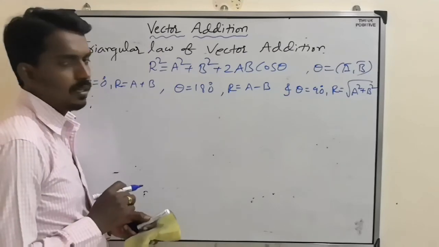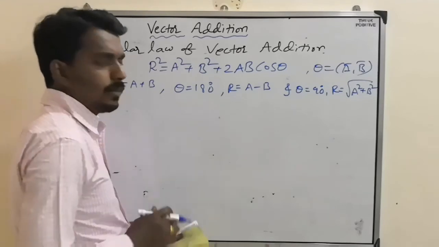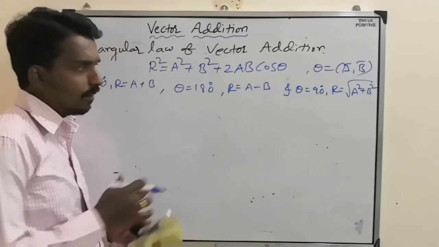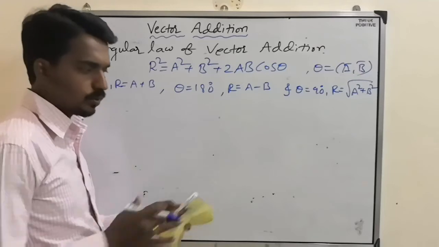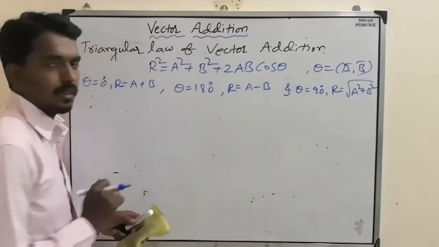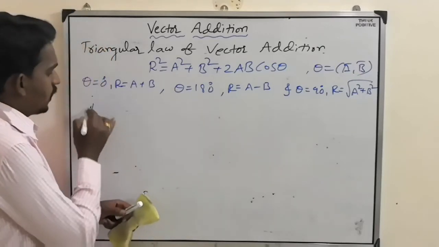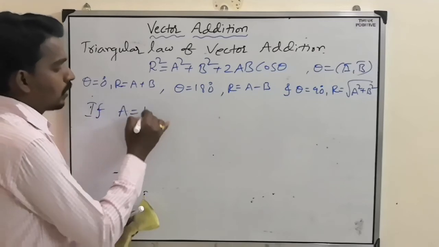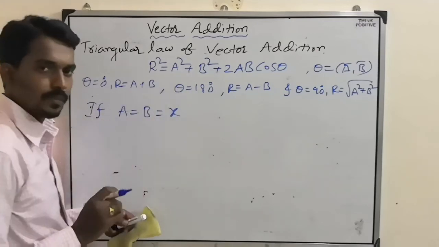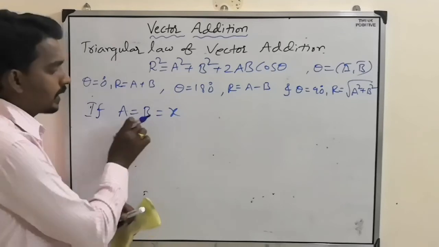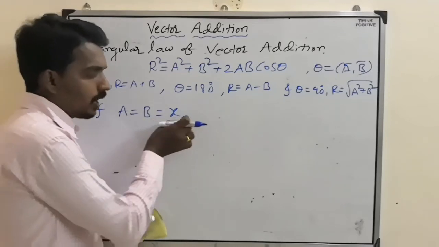Now today your assignment is, first, after completion of this, what you need to submit to me: take a paper and find the situation where A equal to B, let's say some X, both vectors having the same magnitude A and B, and how much?